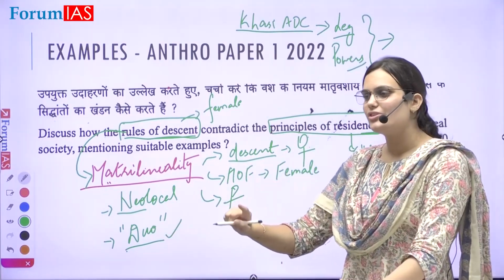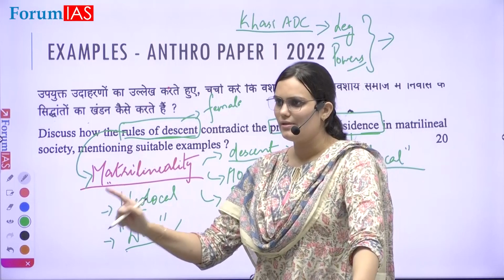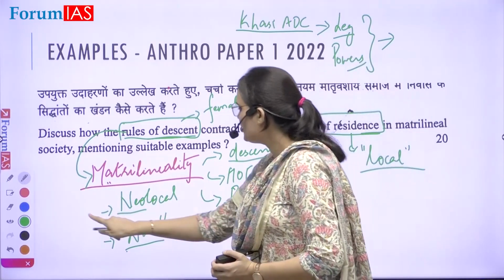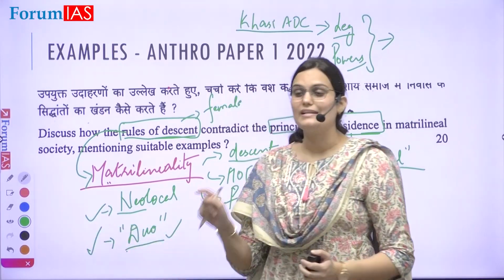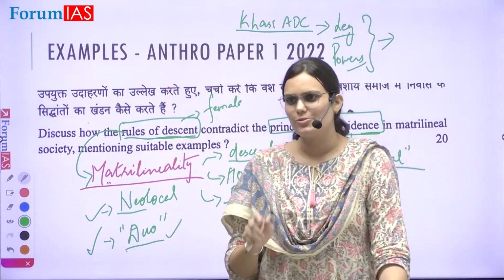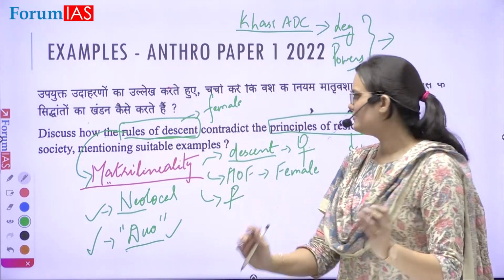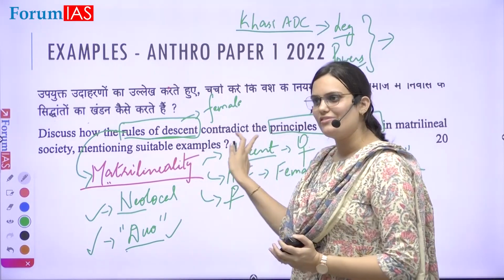Ideally, according to the definition, the residence should be matrilocal. But nowadays it is not matrilocal. It is changing into neolocal, duolocal, and in some cases patrilocal also. So that is how rules of descent are contradicting with the principles of residence.